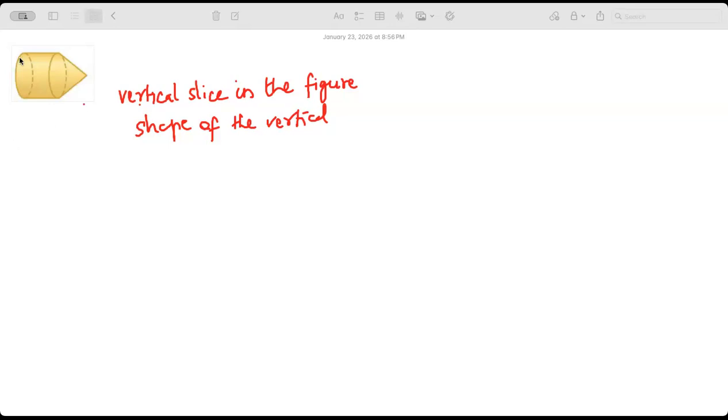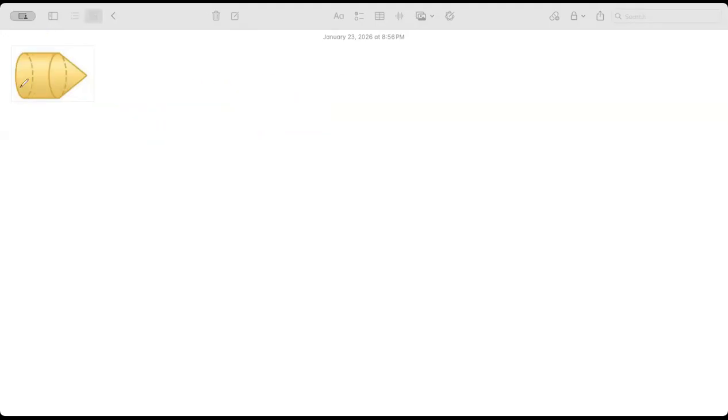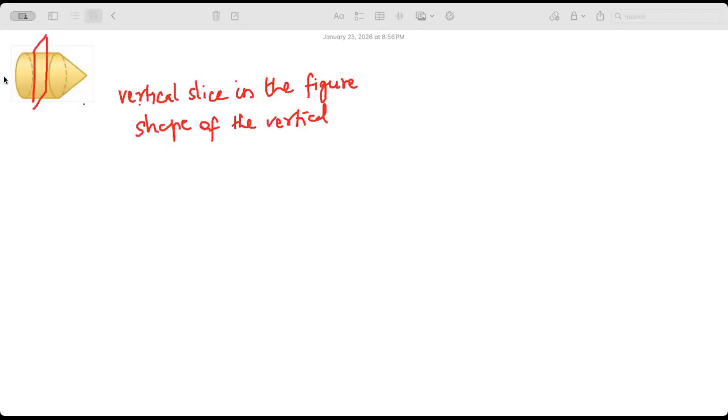True, that's where I'm asking: are you thinking about a vertical slice like this? The base is definitely a circle here, and I am thinking of this slice. So what you'll end up with is seeing this. Do you see it?